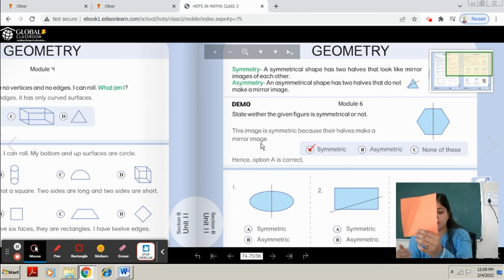Two halves are exactly similar, so one half completely covers the other half. So this shape is called a symmetrical shape. Is it clear to all of you?